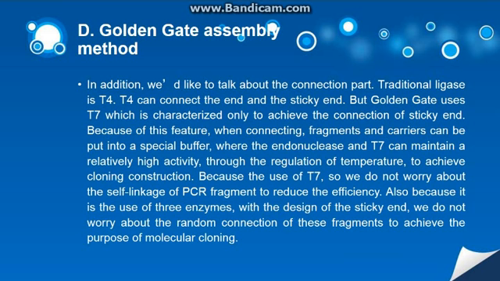Because of this feature, fragments and vector can be put into a special buffer, where the endonuclease and T7 ligase maintain relatively high activity, and through the regulation of temperature, cloning construction is achieved. Because T7 is used, we do not worry about self-ligation of PCR fragments reducing the efficiency. Also, because of the use of 3 enzymes, with the design of the sticky ends, we do not worry about random connection of these fragments, achieving the purpose of molecular cloning.